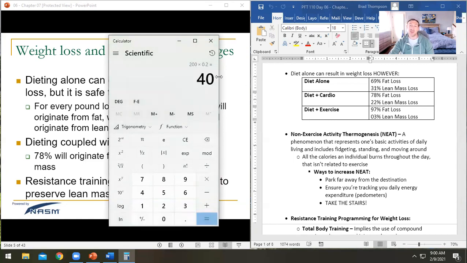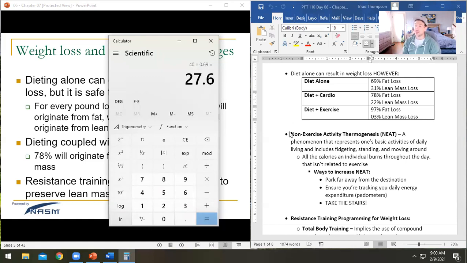So if they diet alone all the way down to 180 pounds, chances are that instead of just a straight 40 pounds of body fat, they're actually going to lose 40 times 0.69, which is 27.6 pounds of body fat, and they're probably going to lose about 12.4 pounds of lean mass, right?